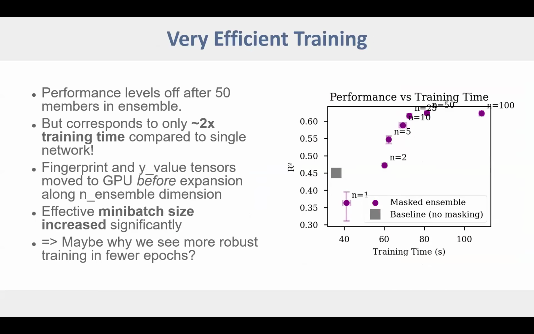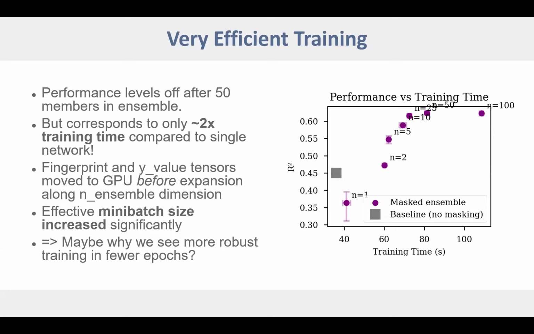Then we can look at the training, because that was what we were really after. We don't want to use a very long time for training. And this is where it was really nice to see that by only using 2 times the training time, we could train 25 to 50 members of the ensemble, which was also where we had a plateau.